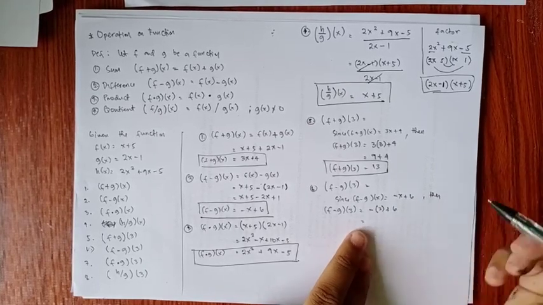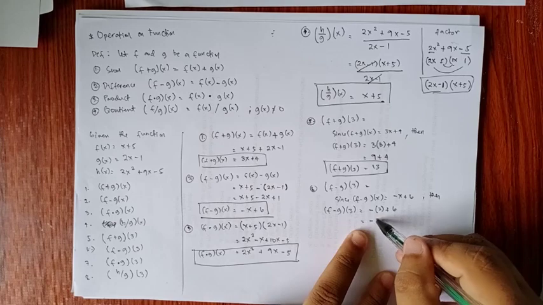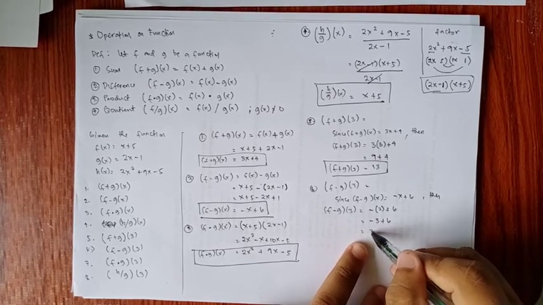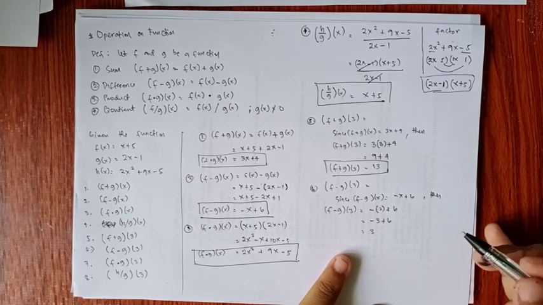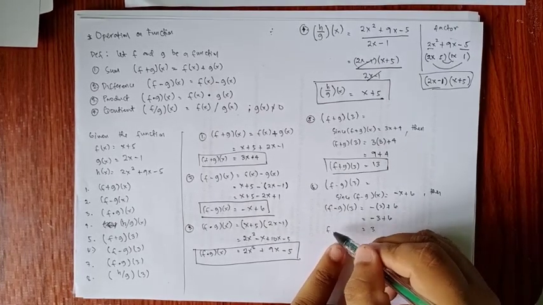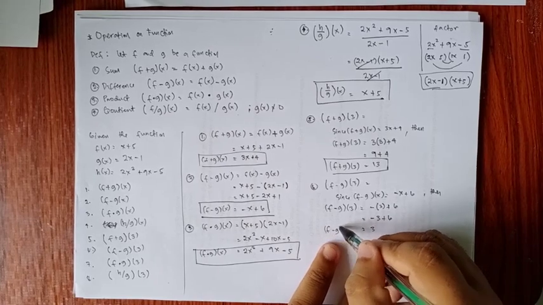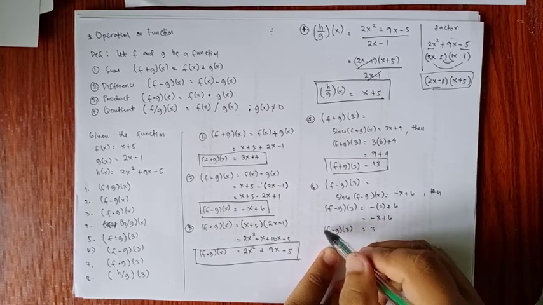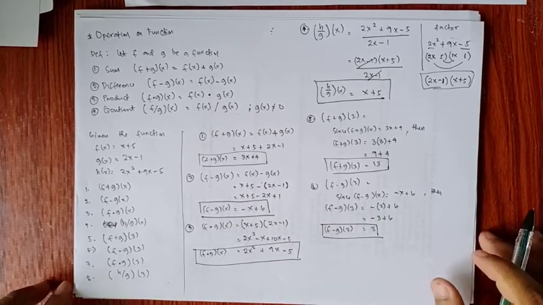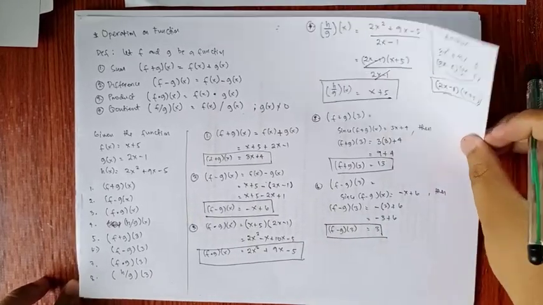So, meron tayong negative times 3, negative 3, plus 6. What is negative 3 plus 6? Right, that is positive 3. So, final answer, f minus g of 3, that is positive 3. Nakuha? Very good.